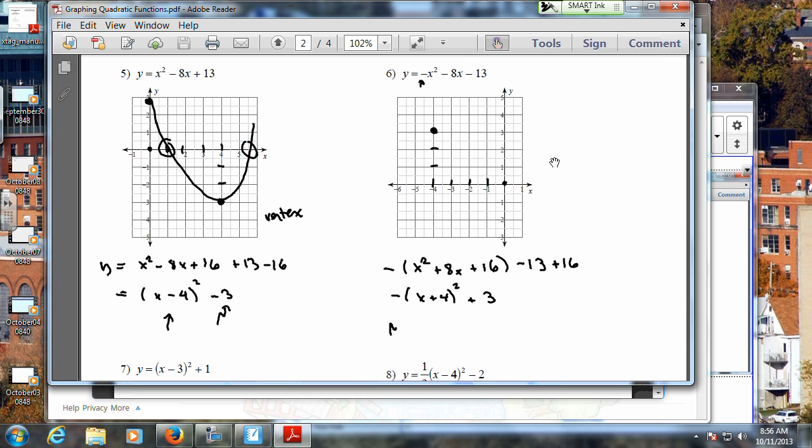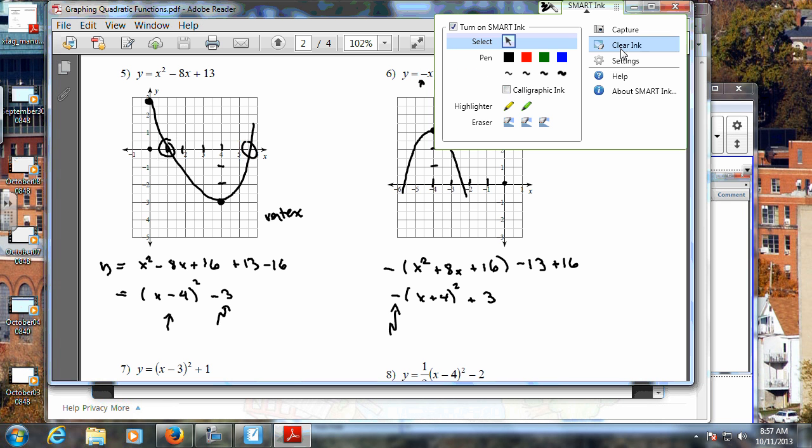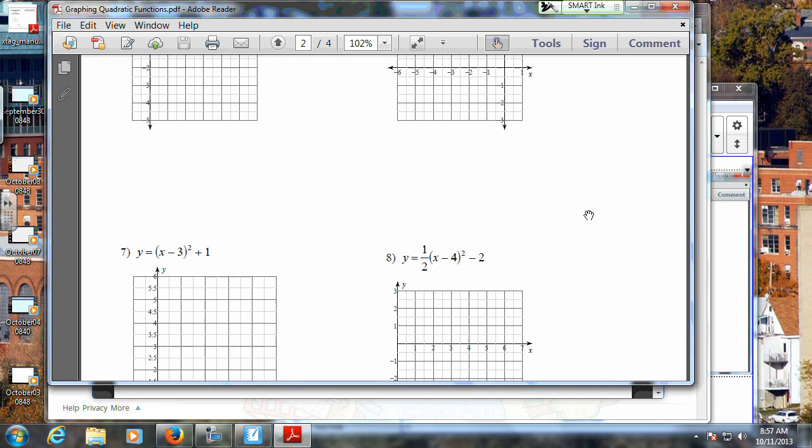And now it is negative out front, since the point of that is that it makes the parabola open down, and I get a shape like this for that curve. It's quite different looking from the original one. Just changing one sign in the equation made a big difference. So I'll capture that and clear my ink so it won't show when I scroll forward.